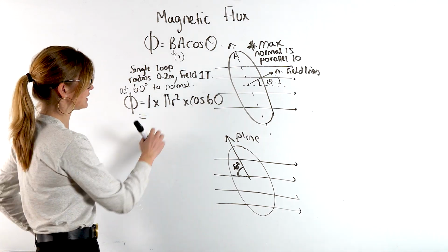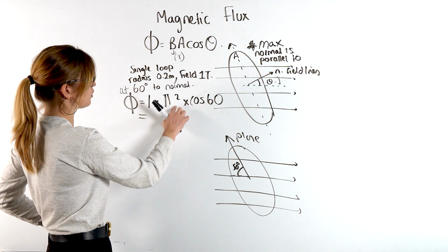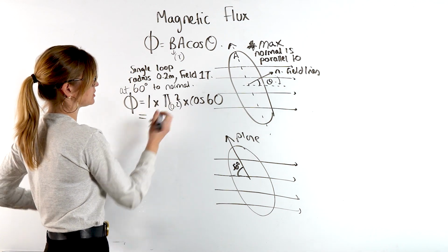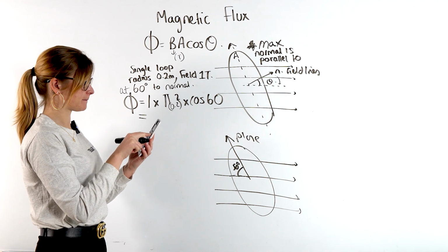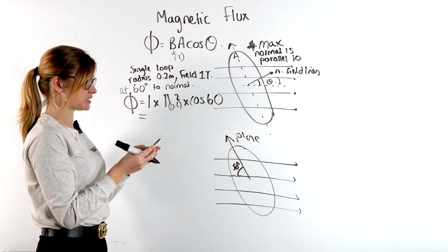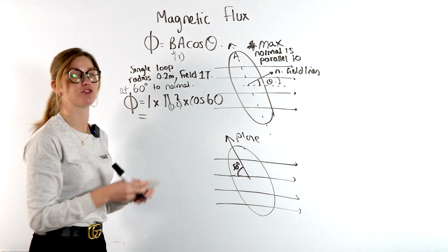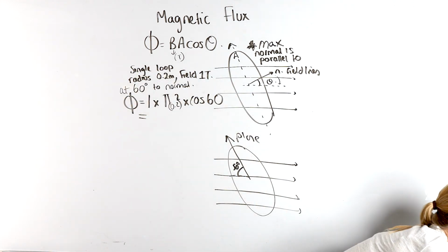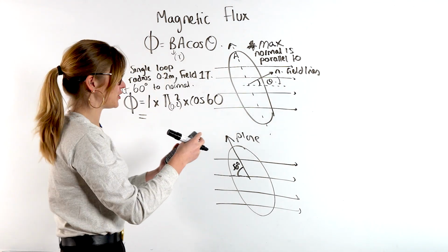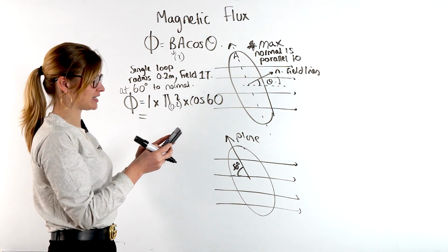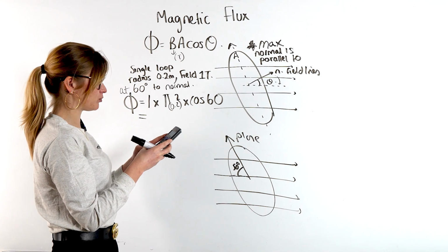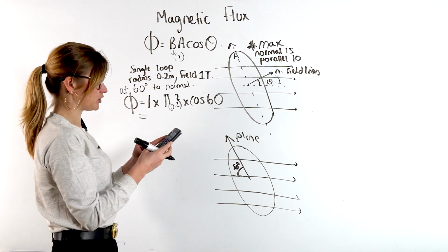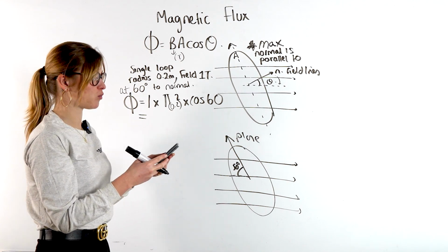So when you pop it in your calculator, instead of the radius squared, we're doing 0.2 squared. On my calculator, I'm going to do cosine of 60, and make sure it's in degree mode if you've just come from any of your mathematics lessons. So I'm doing cosine of 60, multiplied by 0.2 squared, multiplied by pi, and multiplied by 1.